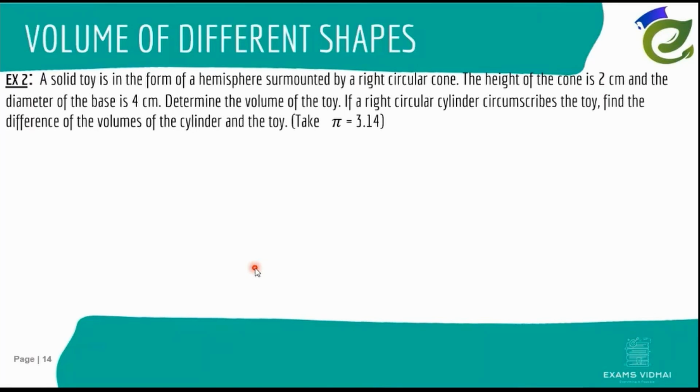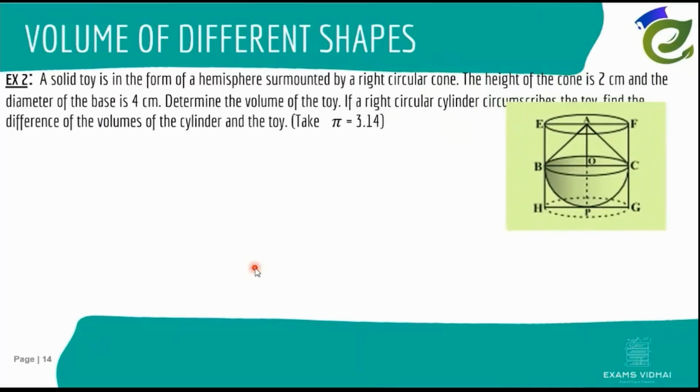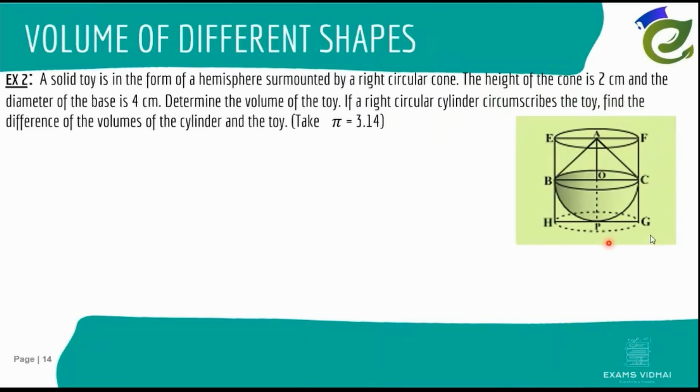Find the difference of the volumes of the cylinder and the toy. The image is something like this. Over here, a cone is surmounted above a hemisphere, and this toy lies in the cylinder. So it appears like this.